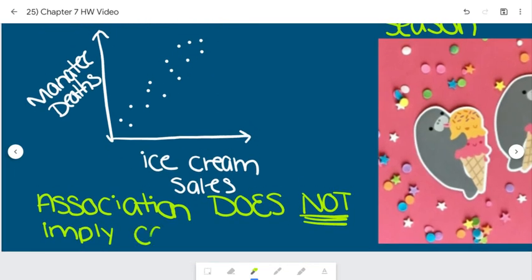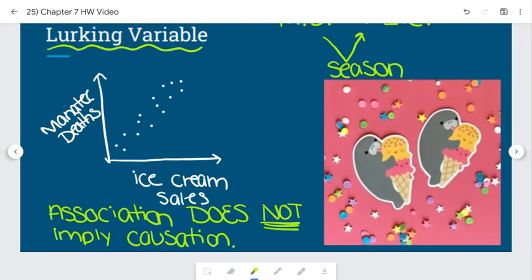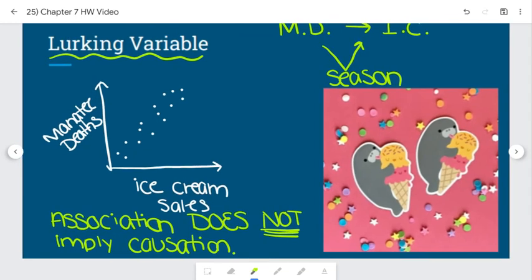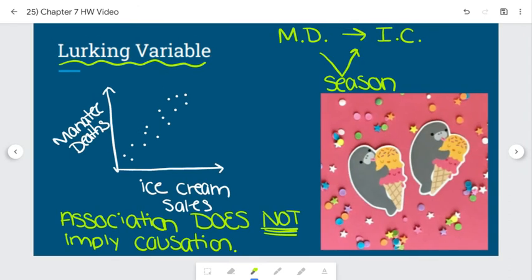Okay, so no matter how strong you're looking at there, whatever that data is, it does not imply causation. So sure, there can be two types of things we look at that maybe could be justified in having a cause, but there's situations like this that exist that tell us straight up that association does not imply causation. And that's one of the biggest things about this unit that we have to keep with us.